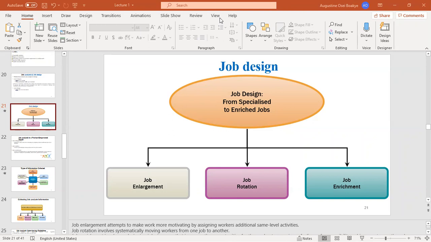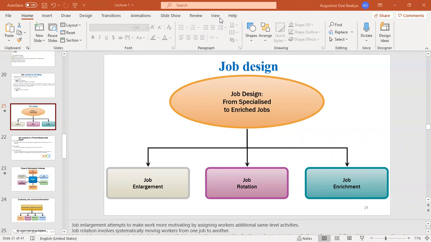Ideally, jobs should be designed in such a way that they motivate employees to execute the tasks they are expected to perform to the best of their ability. And so several avenues or opportunities are there which the HR manager can capitalize on to design jobs.